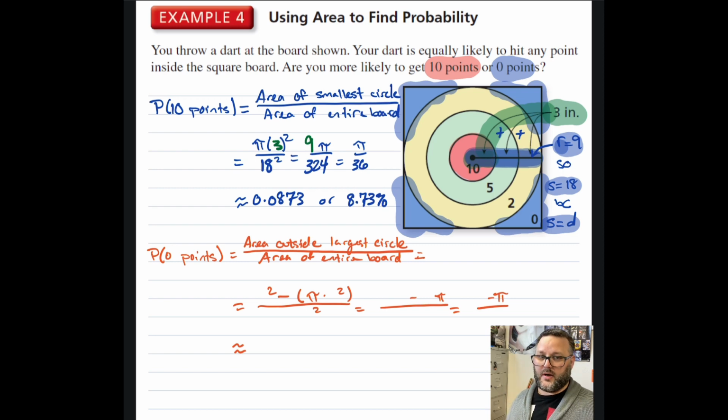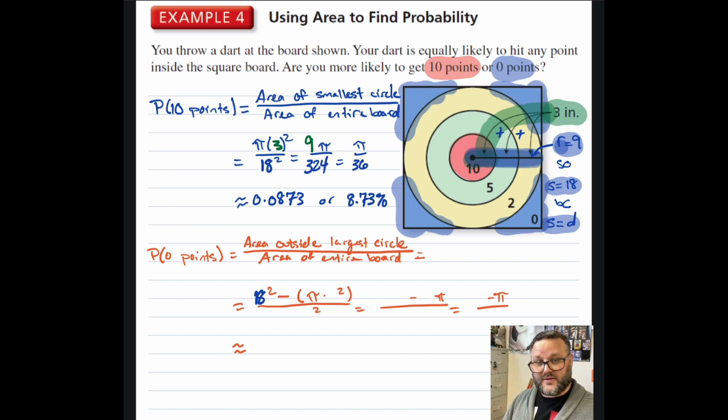now I have to find the probability I'm going to hit 0 points. It's not as bad as you think. So if we take the area outside the largest circle and the area of the entire board, well, the area outside the largest circle would just be the area of the square minus the area of the largest circle. So we already know the area of the square was 18 squared.